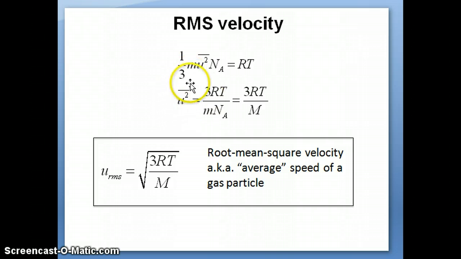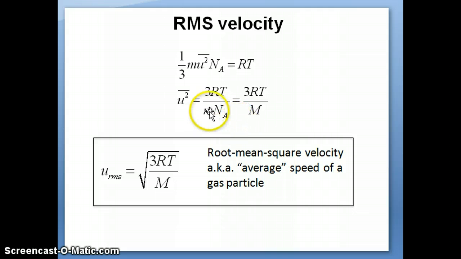So in this case, if I isolate u squared, what I get is RT over m times Na, and then the 3 goes to the top, so 3RT over m times Na. The 3RT remains the same, but m is the mass of one particle and Na is Avogadro's number, which is 6.02 times 10 to the 23rd particles per mole.